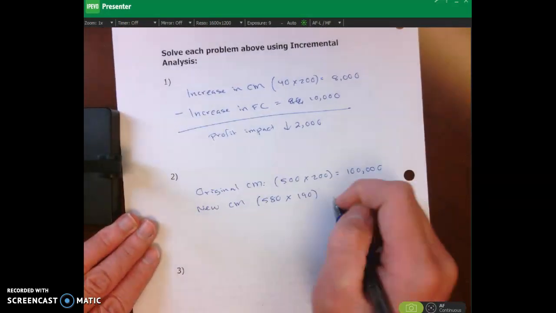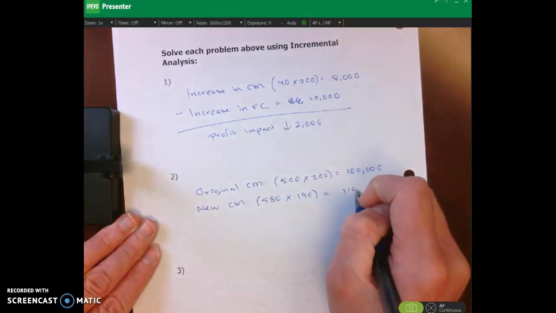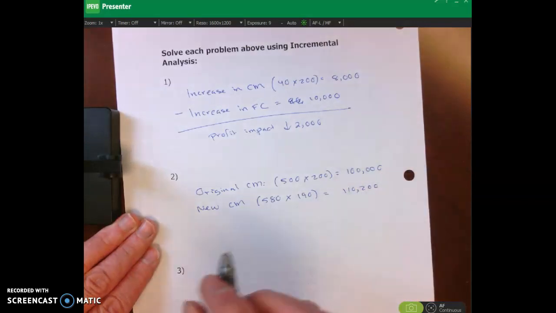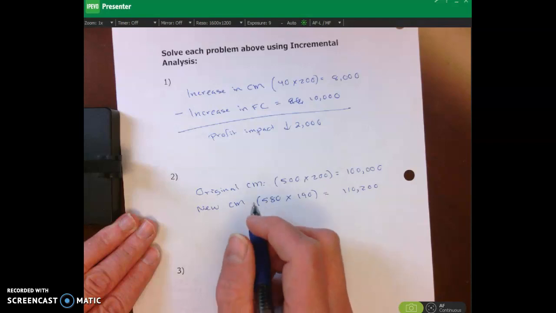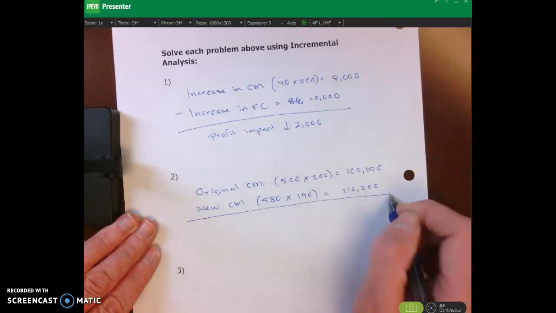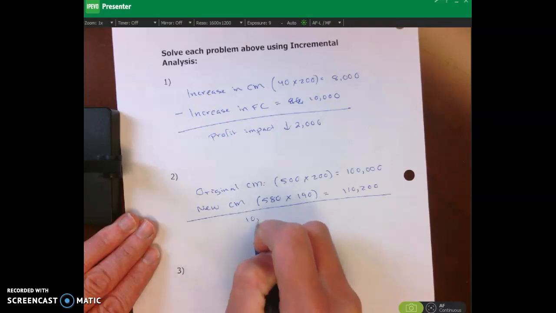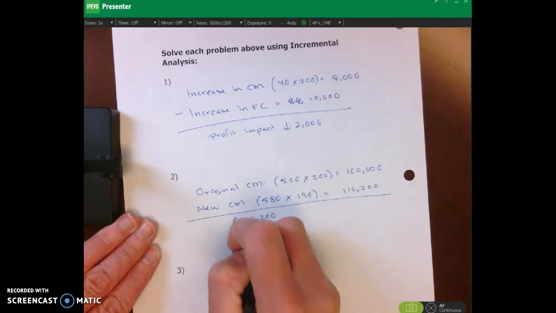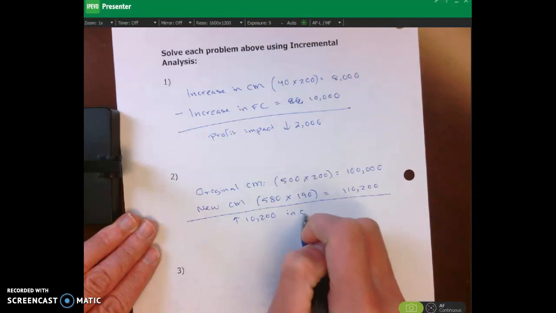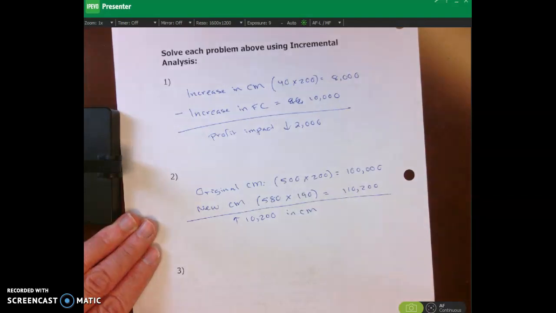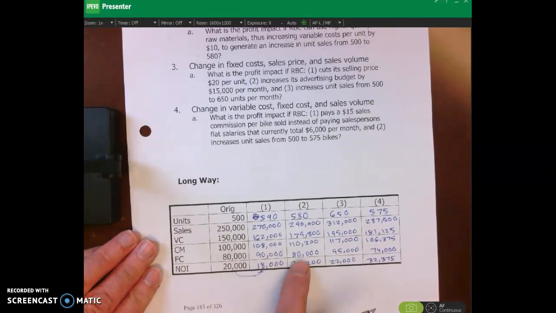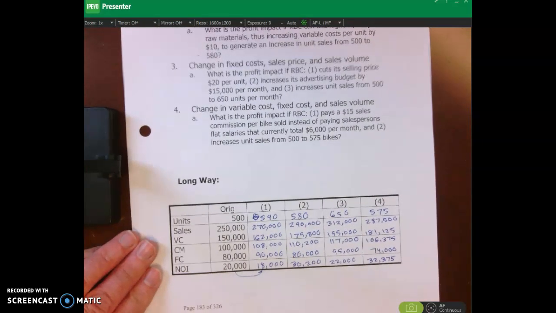Okay, that gives me my 110,200. Then I can subtract them. That gives me my 10,200 in CM, which we see no other impact. If we look back over here, there's no change in fixed costs.